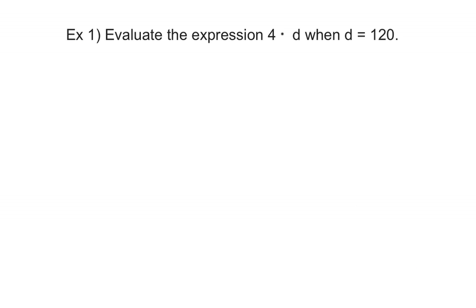Example 1. Evaluate the expression 4 times d when d equals 20. So I always start by identifying, well, what's the expression that they're giving us? This one is 4 times d. Where that little dot in the center means multiplication.